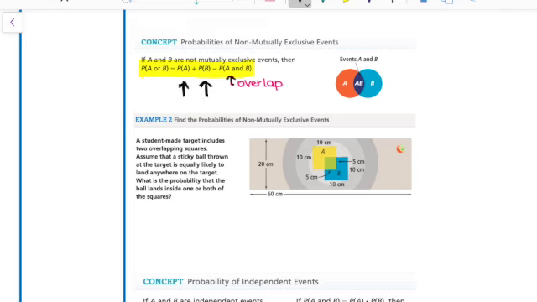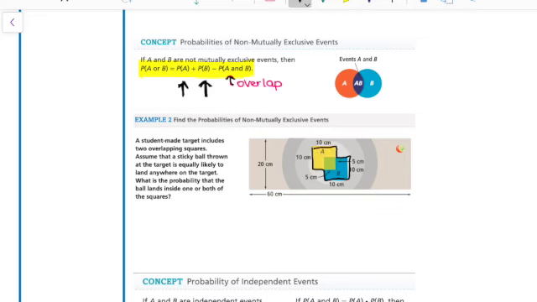So we have to subtract the overlap. So the example given here, we have a student-made target, and it includes 2 overlapping squares. We're going to assume that a sticky ball thrown at a target is equally likely to land anywhere on the target. What is the probability that the ball lands inside one or both of the squares? So as long as it lands in there, we're good.